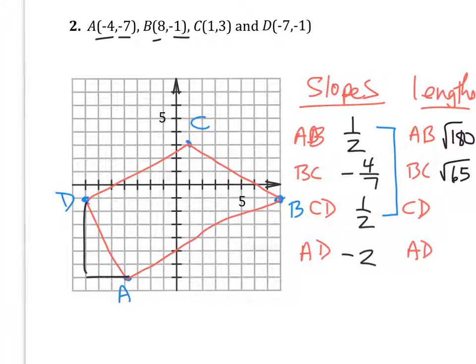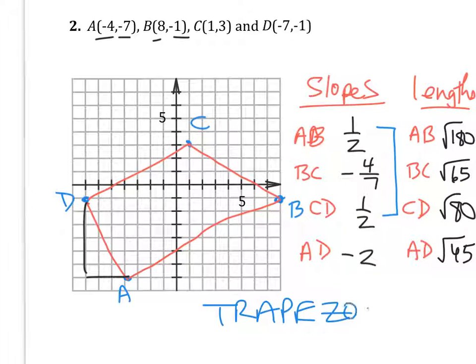From C to D, you said it was up 4 over 8, so 4 squared plus 8 squared, 16 plus 64 is the square root of 80. And then from D to A, you said it was down 6 and over 3, so 6 squared and 3 squared gives you the square root of 45. Are the legs of this trapezoid equal to each other? No. Not at all. So therefore, the only thing that we could say is that it is a trapezoid.